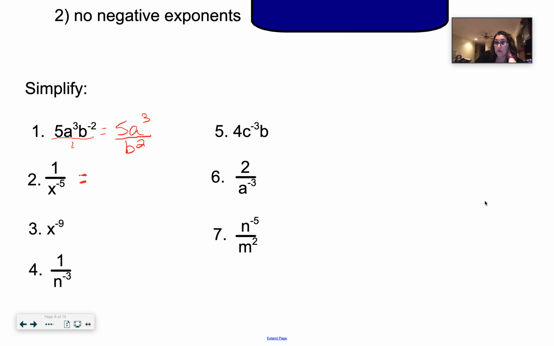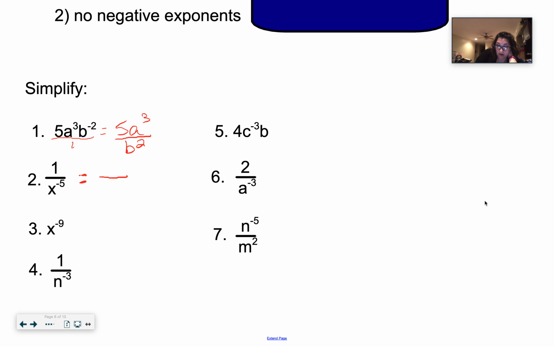Okay, number 2. So think back to what we just did on number 8's example on the previous slide. 1 over x to the negative 5th. Technically what happens here is my x, because it has a negative exponent, is going to flip to the opposite place. So if it's in the denominator, it's going to flip to the numerator.